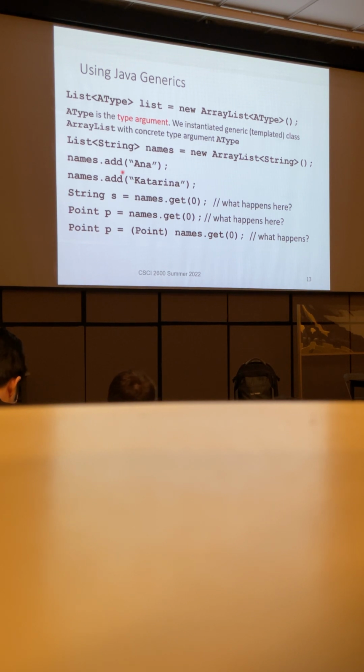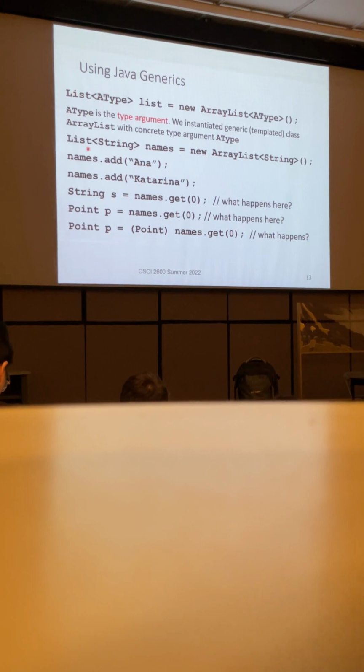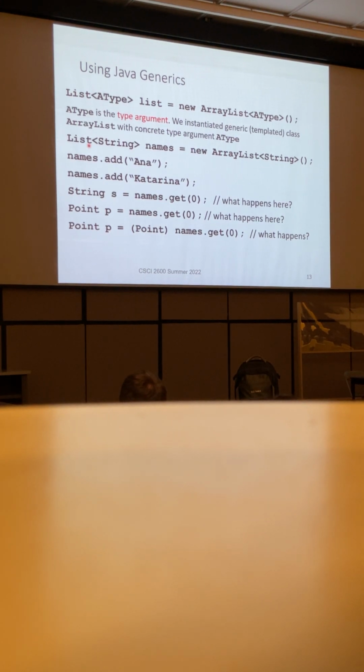All right, so once we have defined the variable names and assigned an object to it, then we can start using any accessible methods, any accessible members of this List interface in this instance.